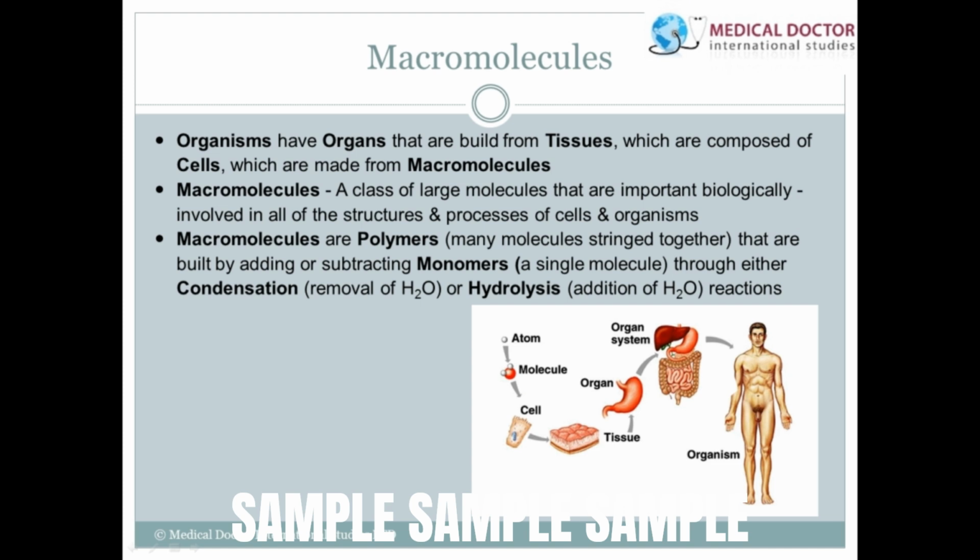So that's an example of building polymers, of stringing the necklace with beads, and that's the use of the removal of water. And hydrolysis is if we want to break the polymer down into its monomers. For example, we have our necklace, our string of monomers, our polymer, and in order to break it, we would have to add water.